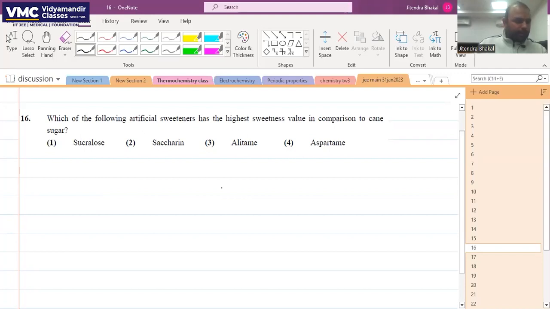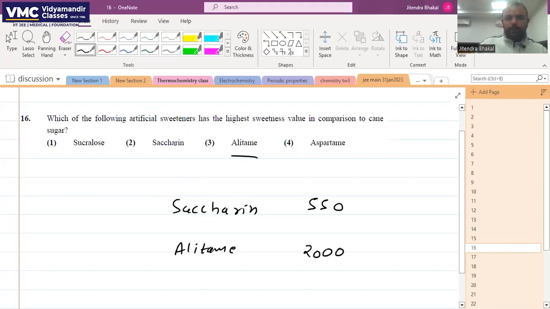If we compare the sweetness, saccharin has a sweetness value of 550, and Alitame has a sweetness value of about 2000. So option 3 is the answer.